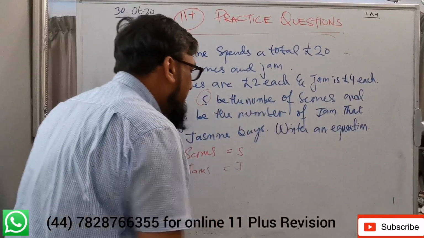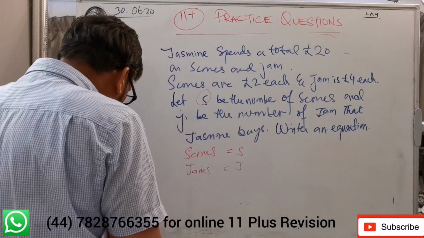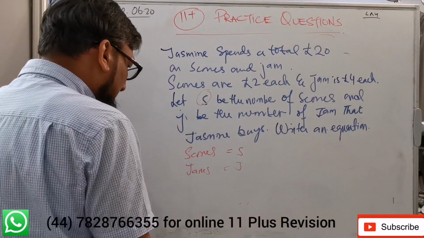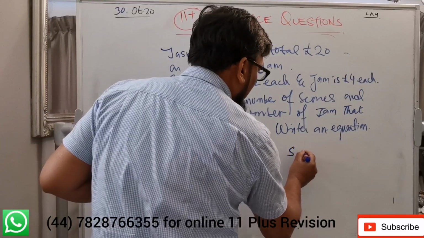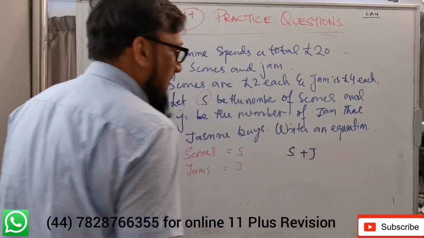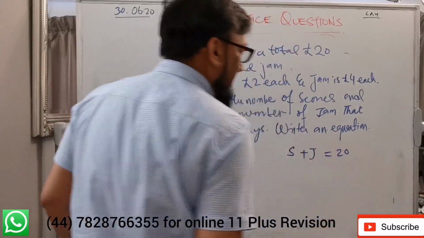Find an equation. Very simple: how much she spent, so she spent S plus J, which is equal to 20.